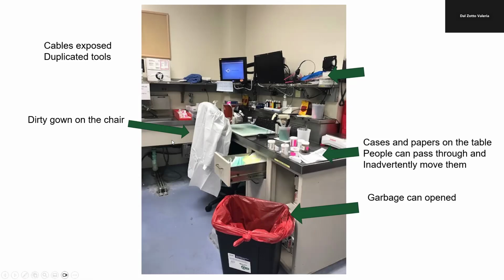The dirty gown is on the chair, which is not the ideal place to put it. The cables are exposed, and the headphones are not in charging. So make sure that if you receive this, you report this to the accessioning team and the PA supervisor.